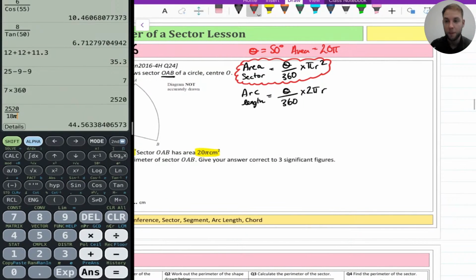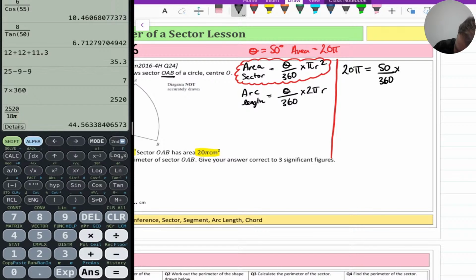Remember to follow the rules. We write down our formula first, then we substitute in, then we simplify, then we solve working backwards. So my area is 20 pi, which is equal to 50 over 360 times by pi r squared.